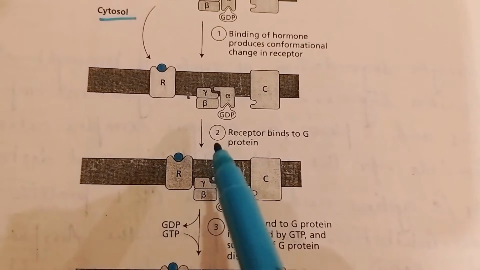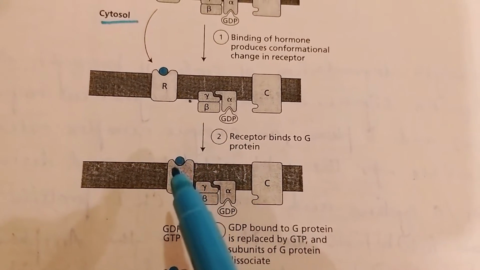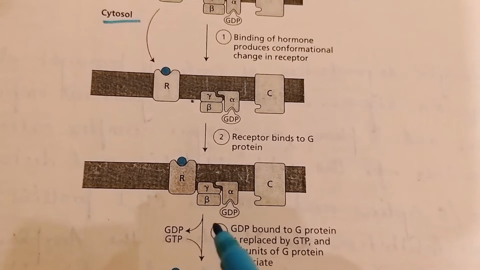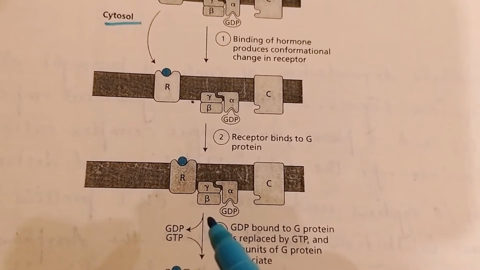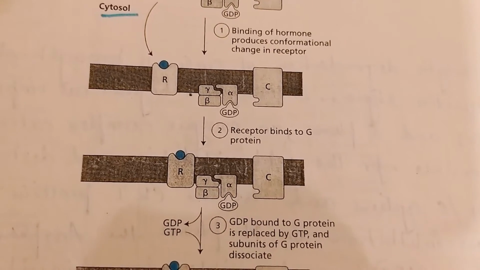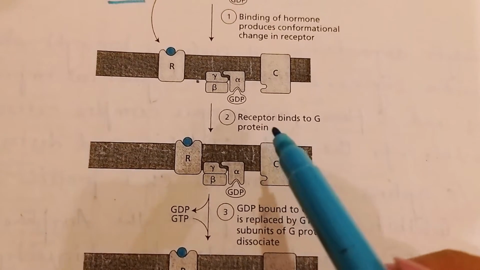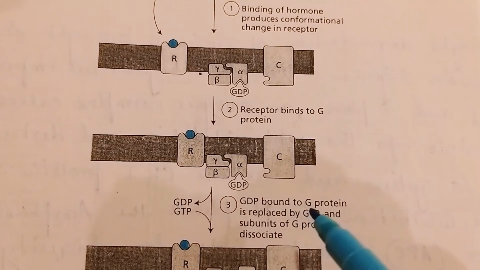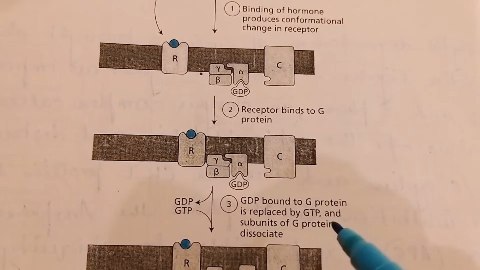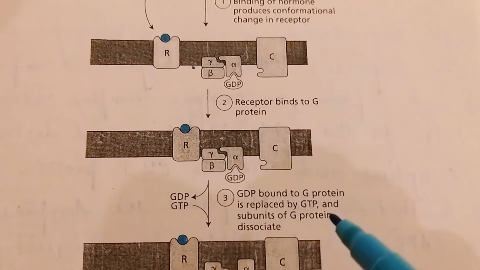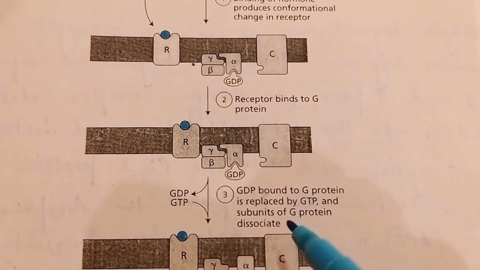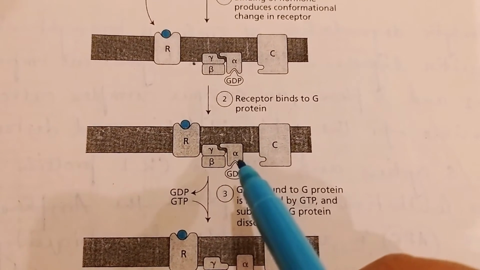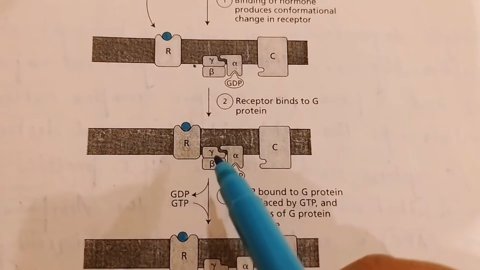Now come to the steps. The hormone comes and binds to the receptor. This binding will cause some conformational change, and then GDP bound to G protein is replaced by GTP. And the subunits of G protein dissociate. These are the subunits: alpha subunit, beta, gamma.